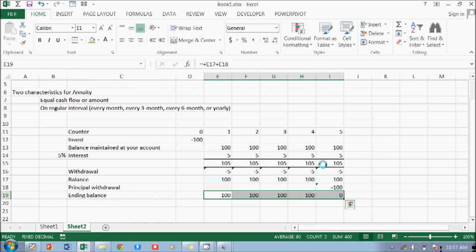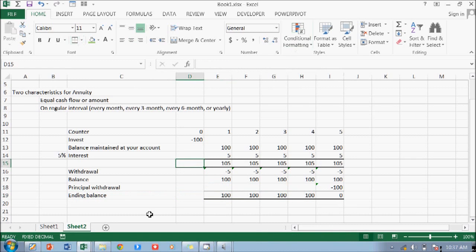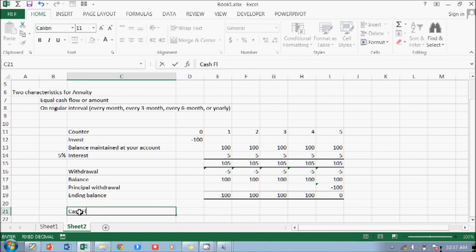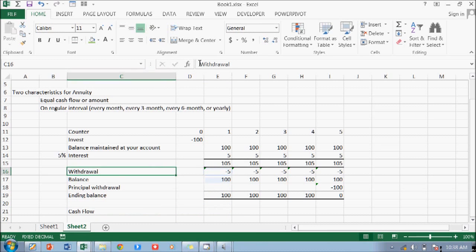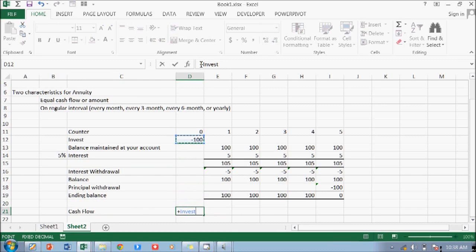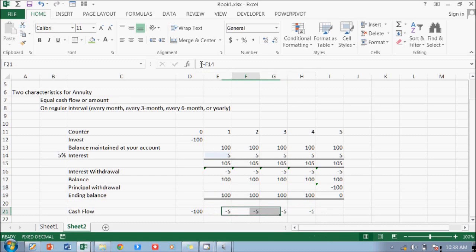Okay, hopefully you can follow me. So basically this is your money, so your cash flow is $5 because you withdraw. That's the interest withdrawal. Okay, so your cash flow is 100 first. I don't really follow good financial modeling because I just want to focus on the principal first, and then the rest.